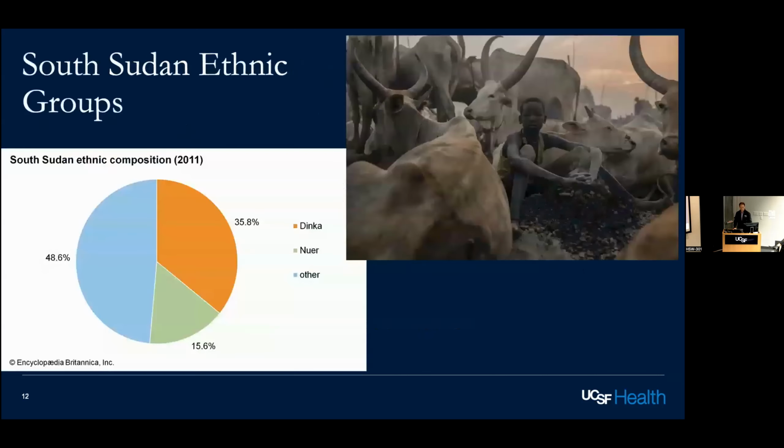And as I said, the Dinka and Nuer are the two main ethnic groups within South Sudan, and they're basically farmers and cattle raisers. And cattle is essentially their deep wealth, way more than money. So how many cattle you have is really a sign of how much true wealth you have in that country.